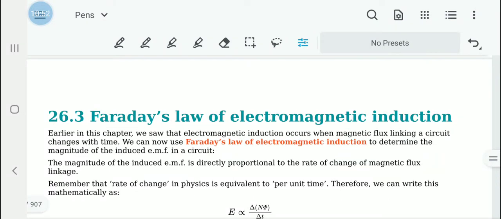But before that, write down the note: Faraday's law of electromagnetic induction.